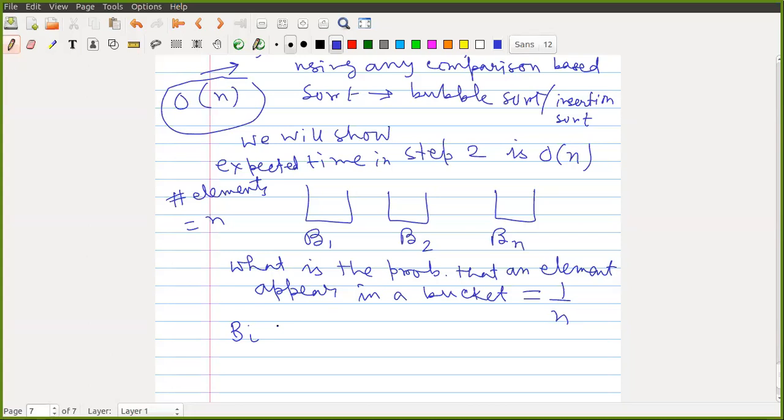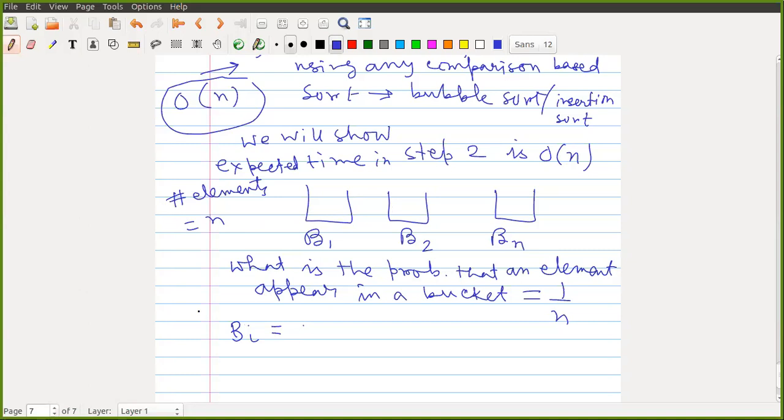Instead of considering all buckets, let's just see what happens to bucket i. Whenever we see an input, some elements will be put into bucket bi. Now suppose putting an element into bucket bi is considered a success.